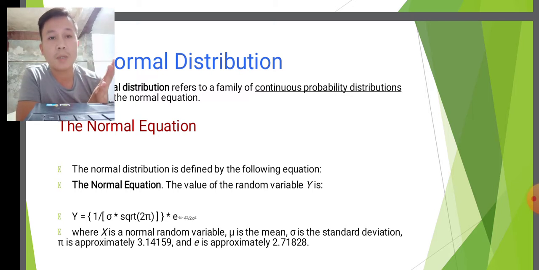The normal distribution is defined by the following equation. The value of the random variable y. This y represents what we are looking for.